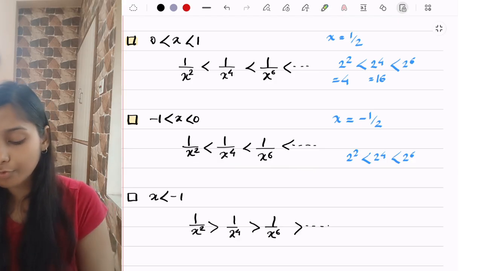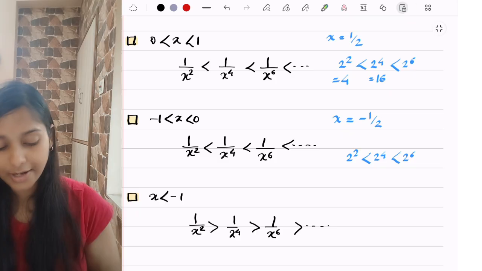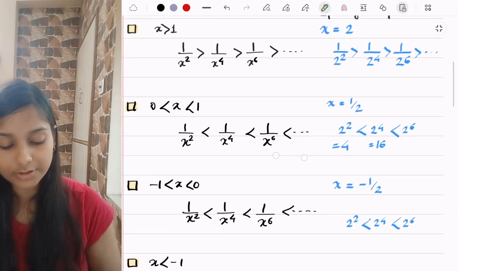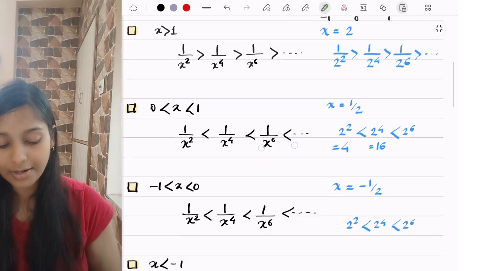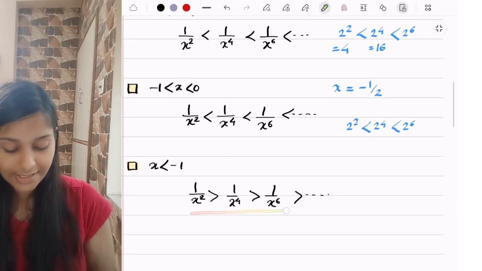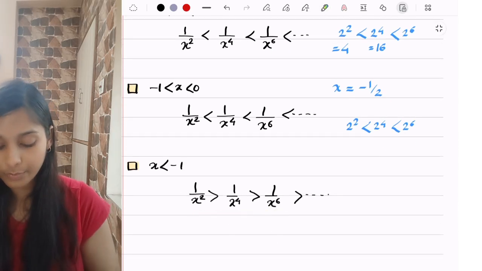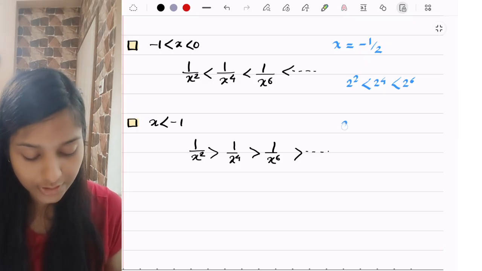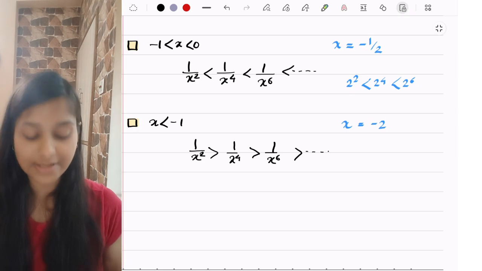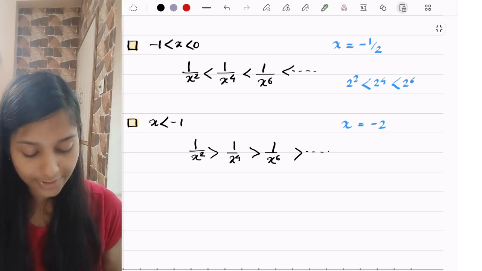Now moving on to x less than minus 1, we have come to this region, which is this part. So in this part, this inequality holds. If we take another example, suppose we take x equals to minus 2. By taking the reciprocal, what we will get? We will get 1 by 2.